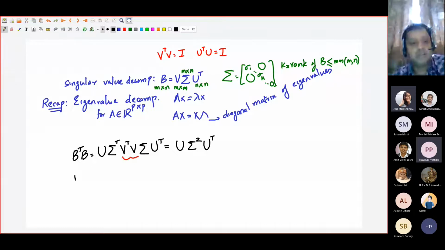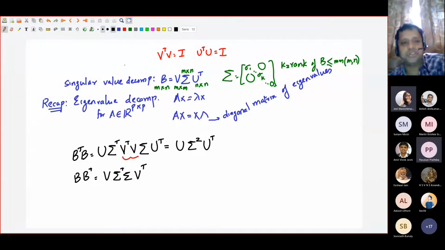Likewise, you can show that B B transpose has the form, from the original expression here, of V sigma transpose sigma V transpose. So both of these have very natural eigenvalue decompositions.